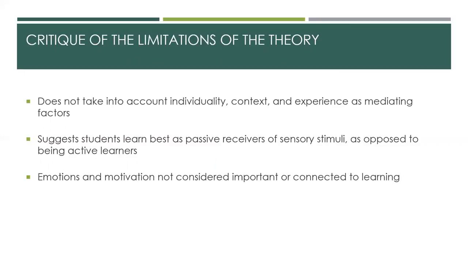It also suggests that students learn best as passive receivers as opposed to being active learners. And from all of the reading this semester from our text, we know that students learn better when they're engaged and active. So that's one limitation of this theory, and that emotions and motivation are not considered important or connected to learning.